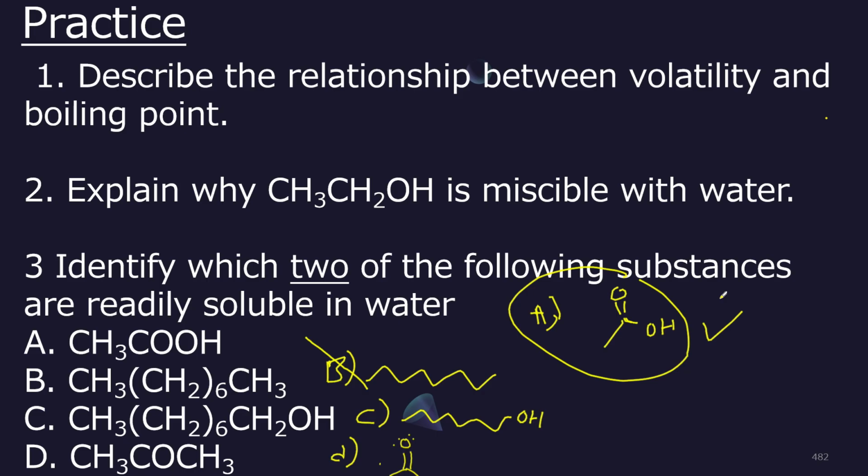And I think if you think about it, based on things you've heard or worked with or experienced, methanol definitely mixes with water. Ethanol definitely mixes with water in our alcoholic drinks. Propanol mixes with water in things like disinfectants. Butanol, you probably haven't worked with as much, but I think it still mixes with water.